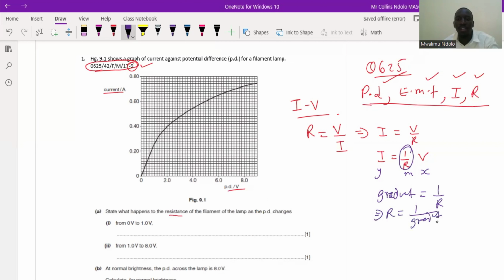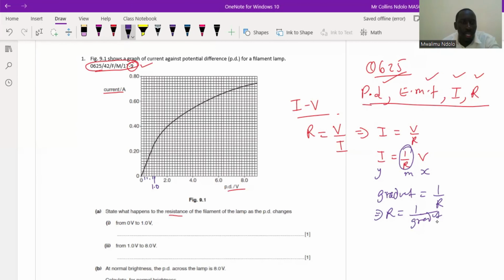My handwriting is not that good, forgive me, that is why I'm talking as I write. All right. Now, from 0 to 1, so 1, 2, 3, 4, 5. So 1.0 is here.